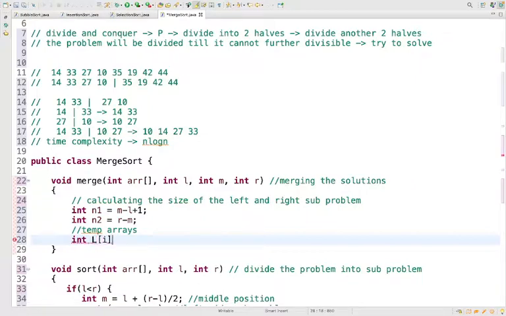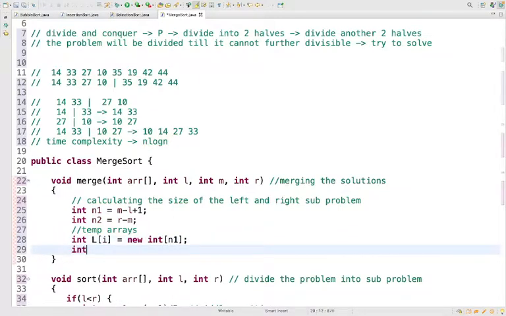We have defined some arrays here where we are going to put the sorted arrays. So Li is new int n1. These arrays we are going to define. Okay, we are almost completed with this. This is new int n2.